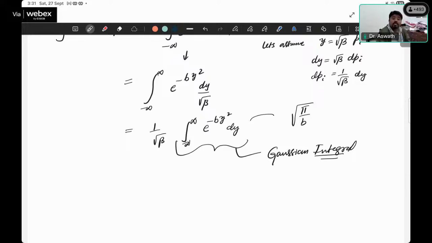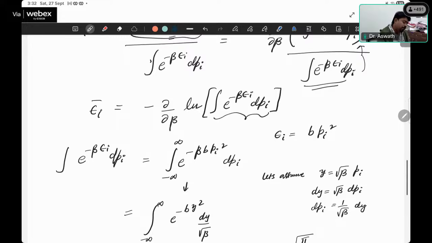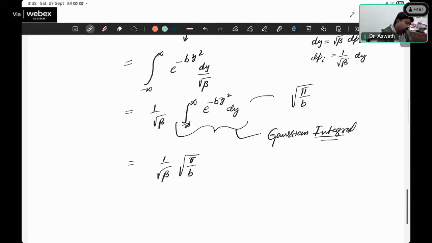As supporting material, I have added this to the lecture notes, so you can check that. Let me put it straight away: square root of 1 by beta into square root of pi, this is what I have. Now I want to know the average energy.